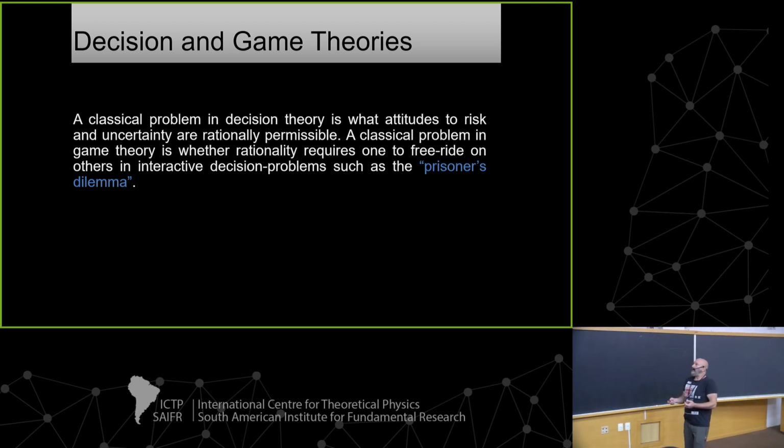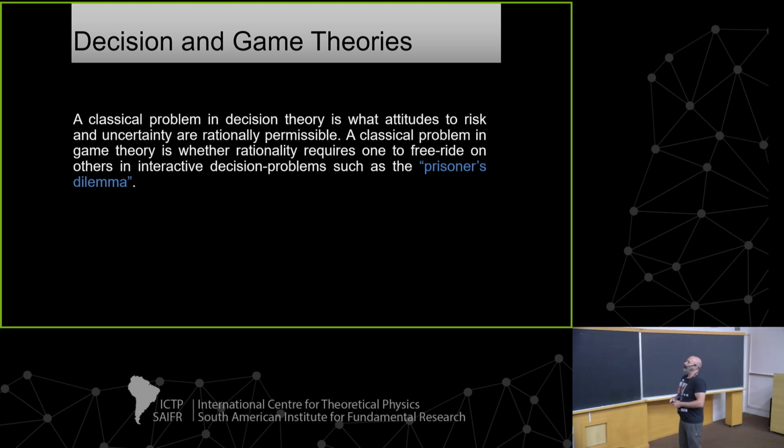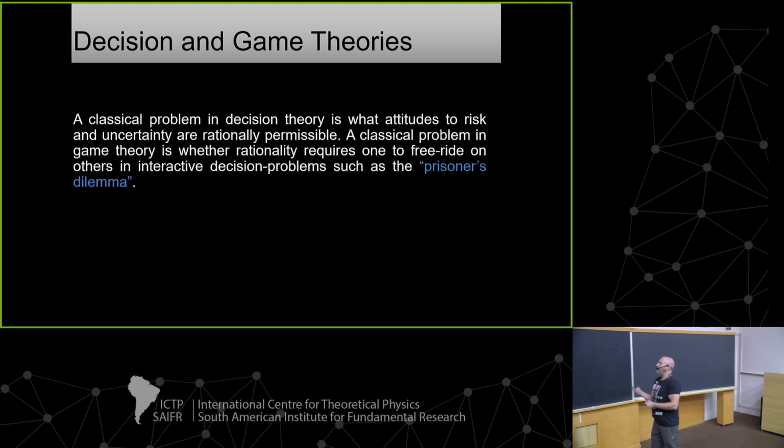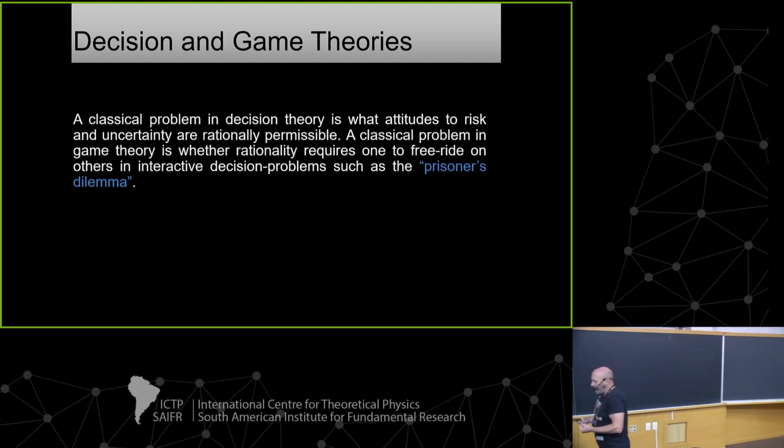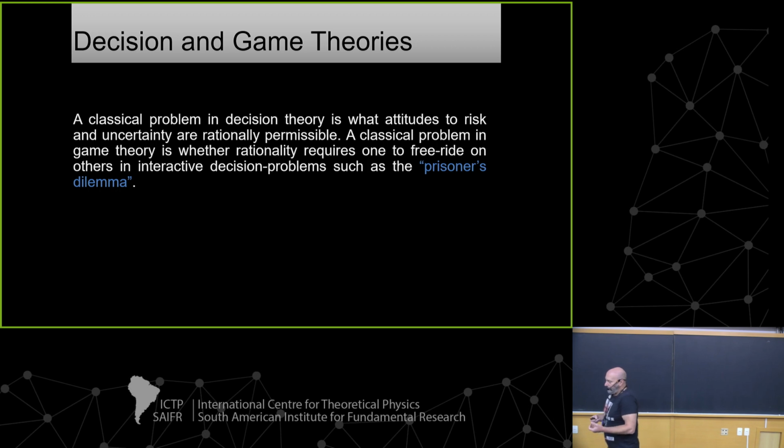A classical problem in game theory, on the contrary, is whether rationality requires one to free ride on others. In game theory, we have to choose how to proceed, how to act, or how to behave.